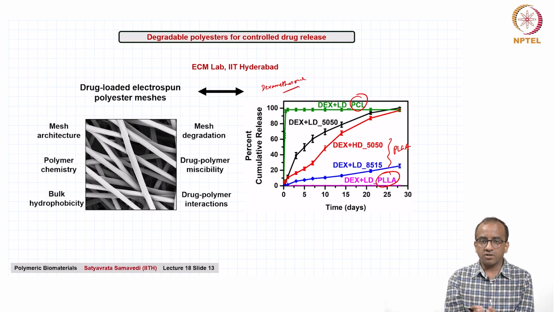This is published work from our lab, but what we will do here is quickly look at different factors that govern drug release mechanisms, based on which property guides drug release.